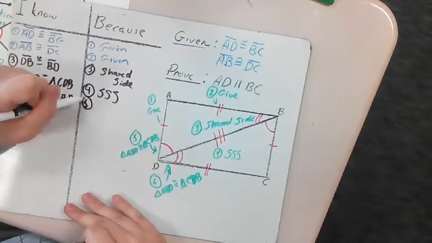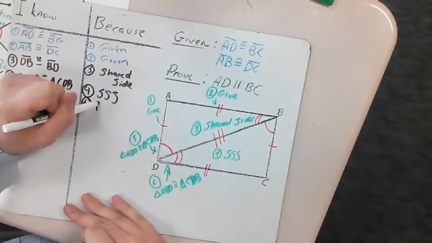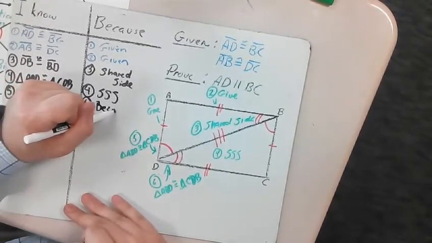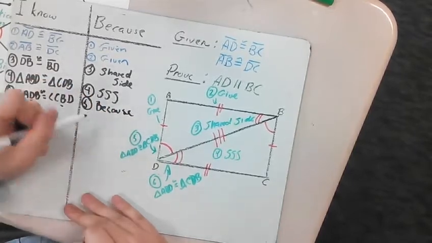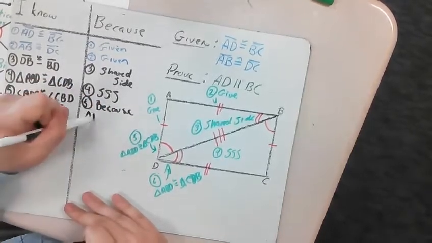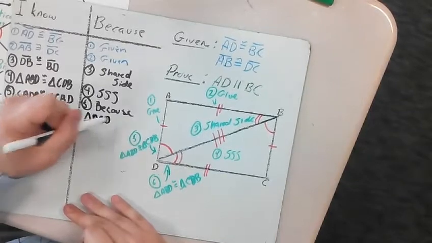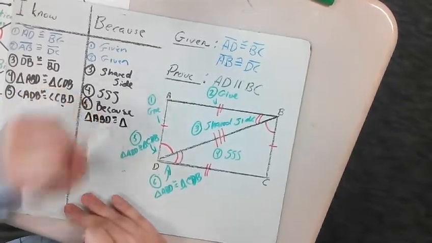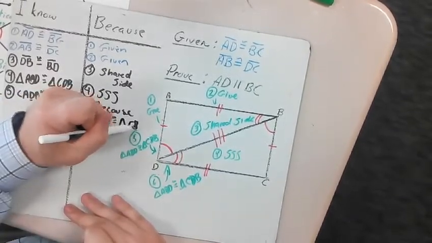Okay, and that is because triangle ABD is congruent to triangle CDB.